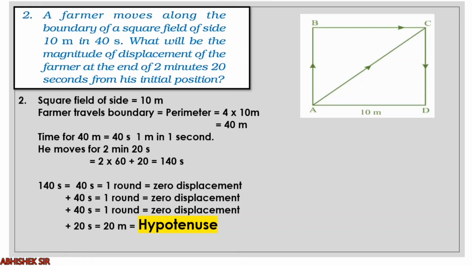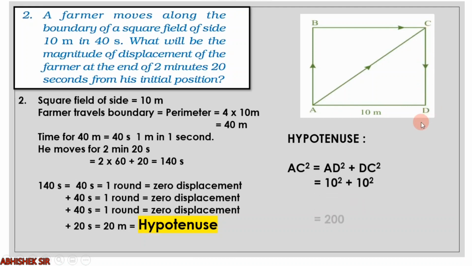So let us apply the Pythagoras formula to find out AC. Let us take AD 10 and CD 10, or else AB 10 and BC 10. So let us see here from the figure, AC square, hypotenuse square, will be equal to AD square plus DC square. That means 10 square and 10 square. So 10 square will be 100, and the sum is 200.